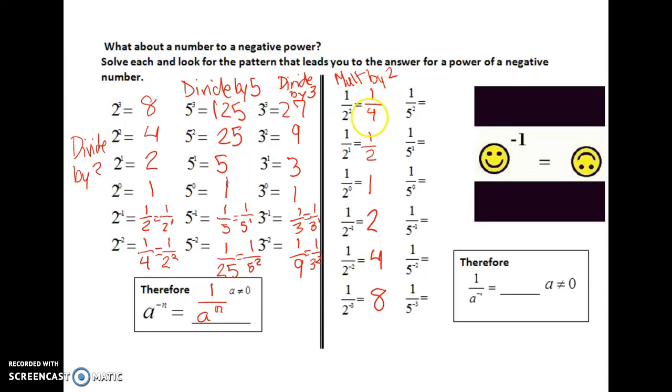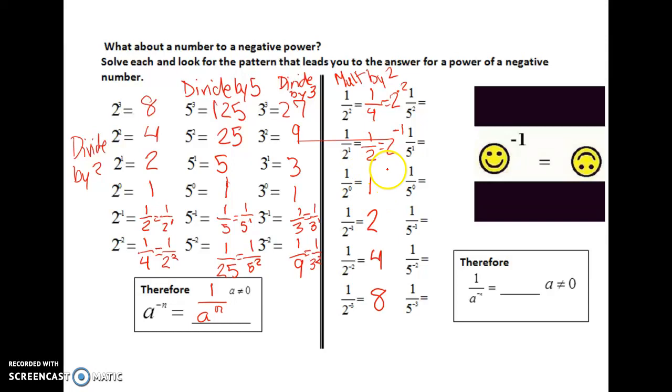Now it's a little hard to see this pattern as well unless we write it into exponential notation. So 1/4 we figured out over here was really the same as 2 to the negative second power. 1/2 was the same over here as 2 to the negative first power.